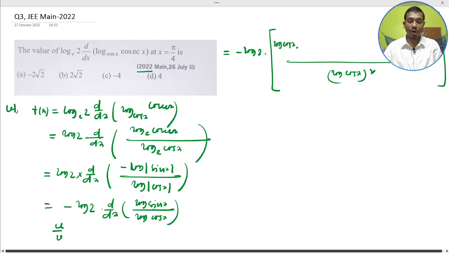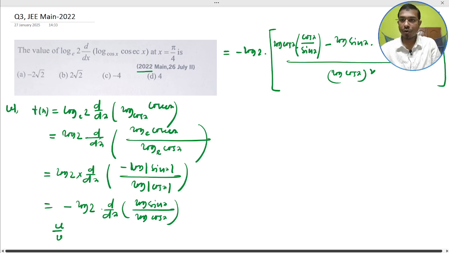Log sin x means log x differentiate 1 by x, 1 by x means 1 by sin x into sin x differentiation cos x. Okay, minus log of sin x as it is, differentiate log of cos x. So log x means 1 by x, means 1 by cos x, and cos x differentiation minus sin x.